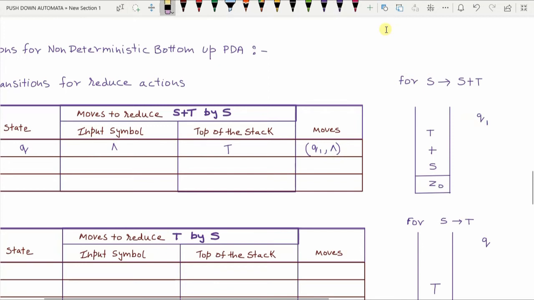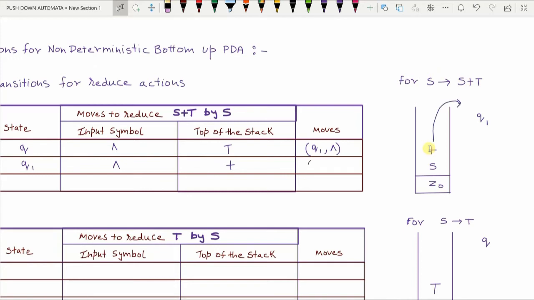So now you are in Q1 state and T is not there in the stack. So I will write it here now. What is my current state? My current state is Q1. Again, we are not reading any input because it's a reduce action. Now what is the topmost element of the stack in Q1 state? Plus is there on top of the stack. Now I basically want S plus T to be replaced with S. So now in Q1 state, this plus also I want to pop out.